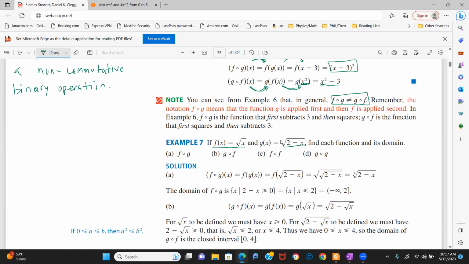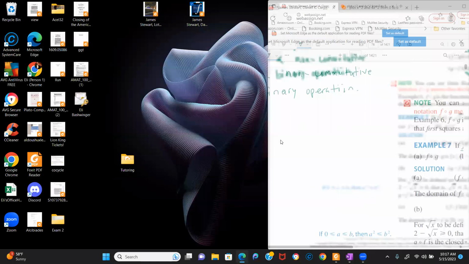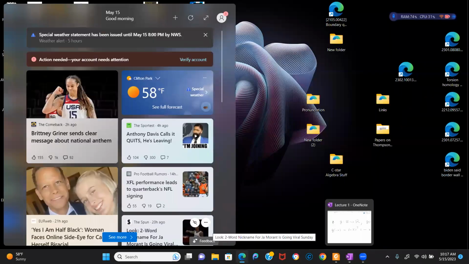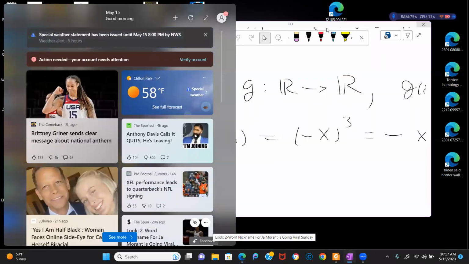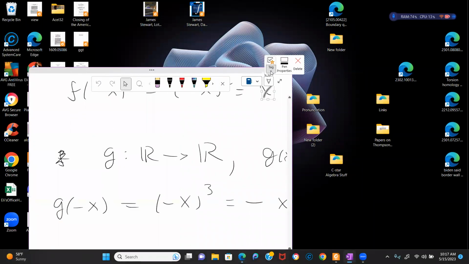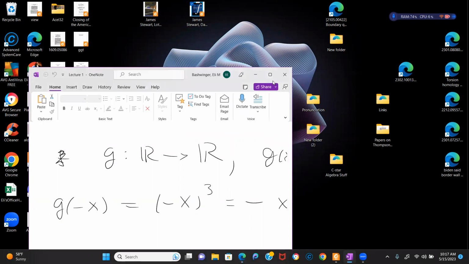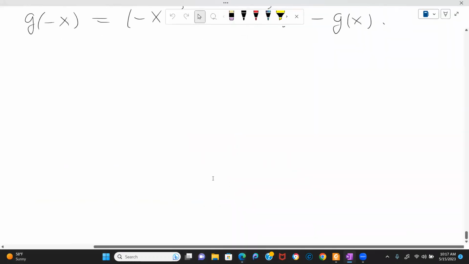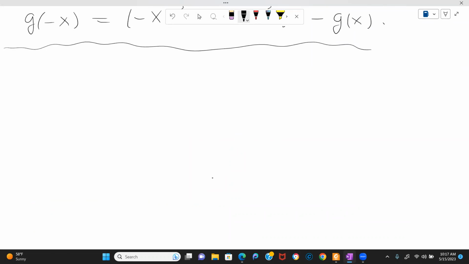Let me go through it over here, because sometimes it's helpful to see things written out in real time. So f of x is equal to square root of x, and g of x is equal to square root of 2 minus x.